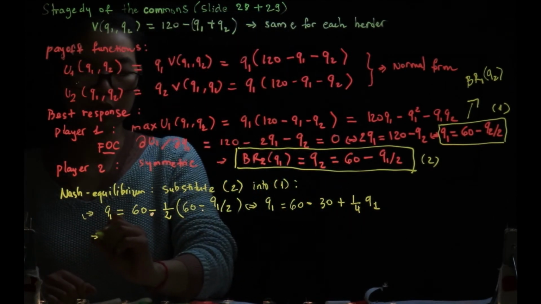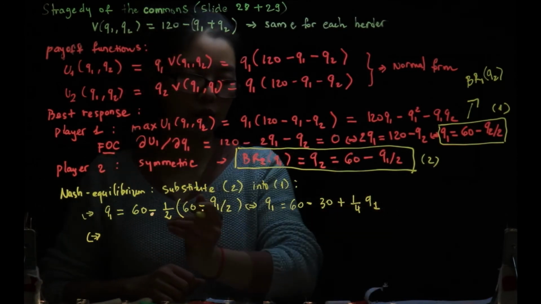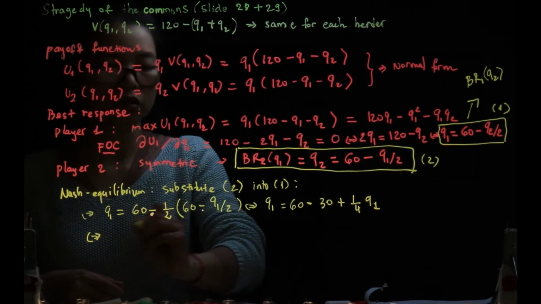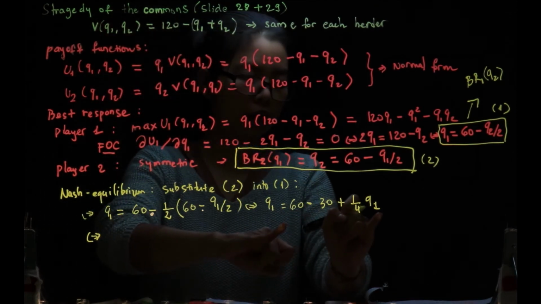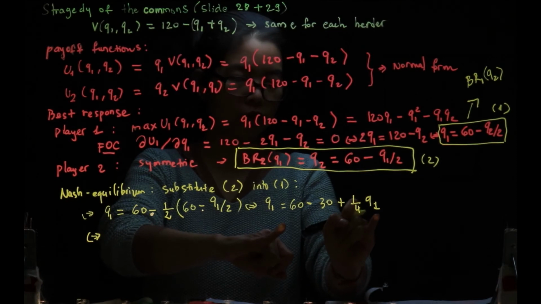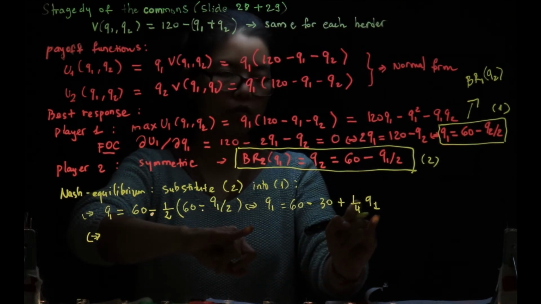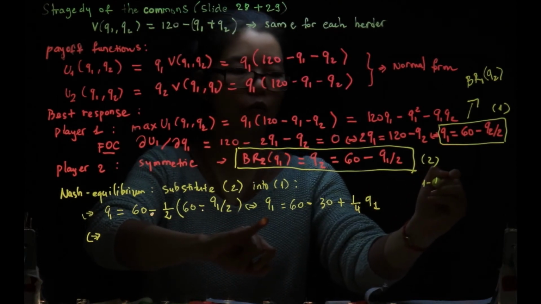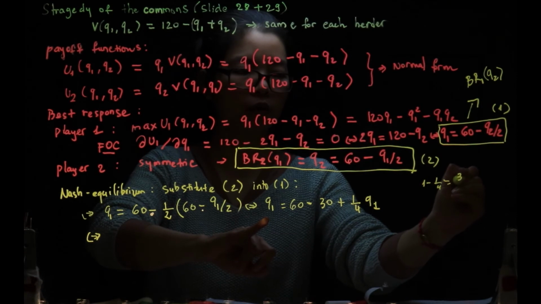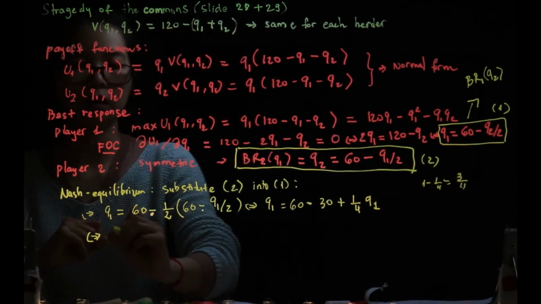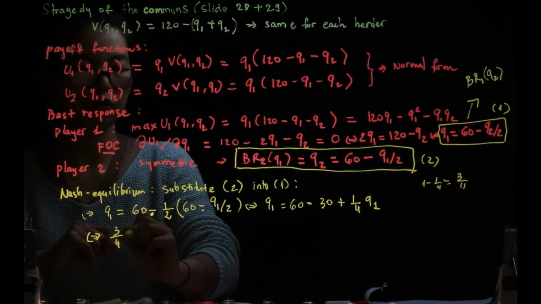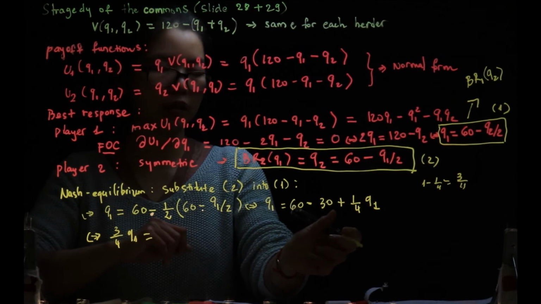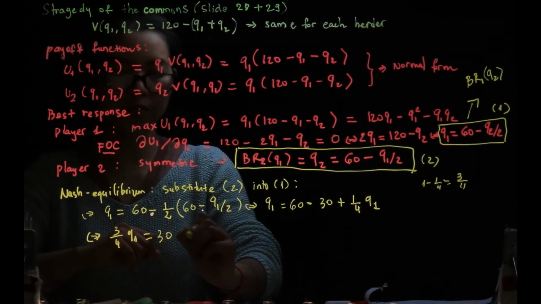And we could put everything with q1 to one side in order to solve for it. So q1, here on the right hand side you have 1/4 q1. When you put it to the left hand side you have minus 1/4. And 1 minus 1/4 is 3/4, right? So 3/4 q1 equals 60 minus 30, so 30 left.